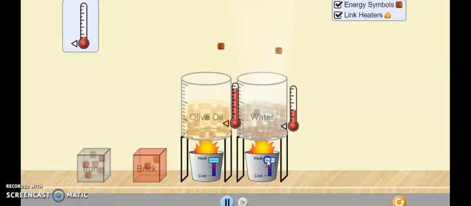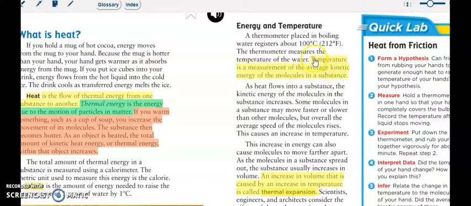So this is an example of measuring the flow of thermal energy. As we learned, temperature is a measurement of the average kinetic energy of the molecules in a substance, measured by using thermometers.